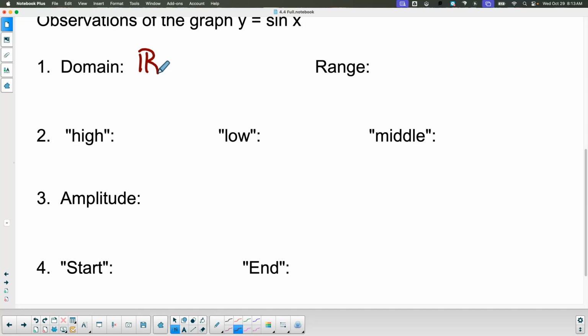Are those included or excluded? Included, so that would be brackets, from -1 to +1. Which means that the highest that it got was +1. The lowest that it got was -1. What is the average of +1 and -1? 0. So that means my middle is 0.